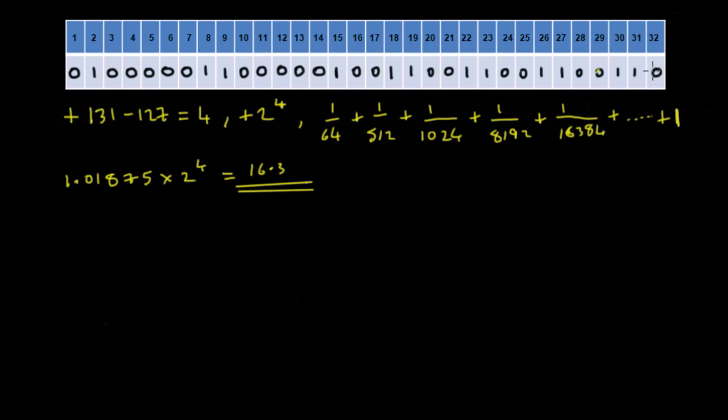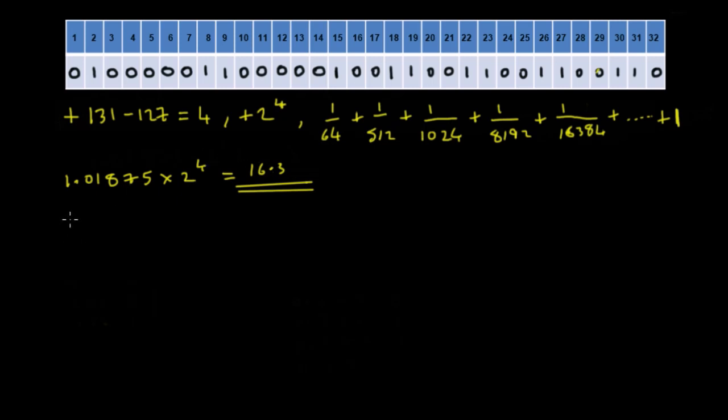Of course, if we wanted to make a more accurate approximation to the 16.3, we could use a larger mantissa, and then we would be adding on more of these terms, and it would get closer to the actual limit, which would give us a value of 16.3. So that's enough for that.